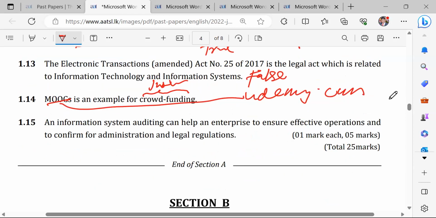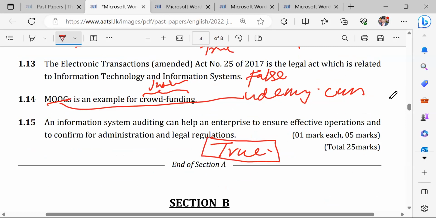Information system auditing can help the enterprise to ensure effective operations and confirm administration regulations. IT audit, yes, that happens. This is true.